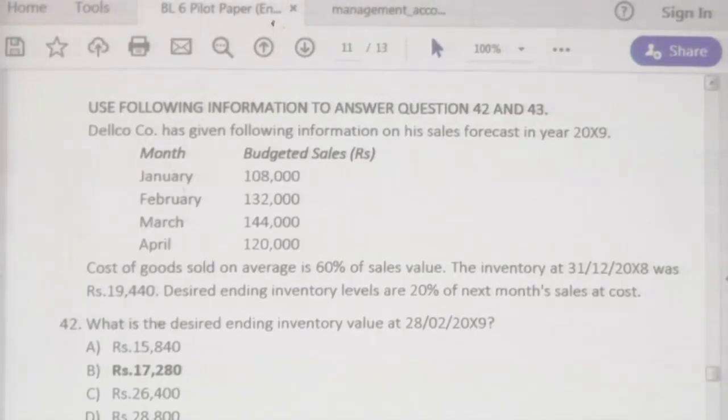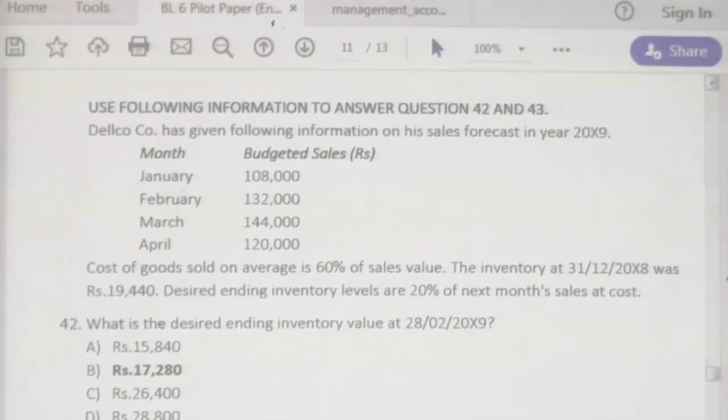Then questions 42 and 43 relate to the information given. Let's see. Delco company has given the following information on its sales forecast for January, February, March and April. Budgeted sales is given. Cost of goods sold, that is cost of sales, is 60% of the sales value.